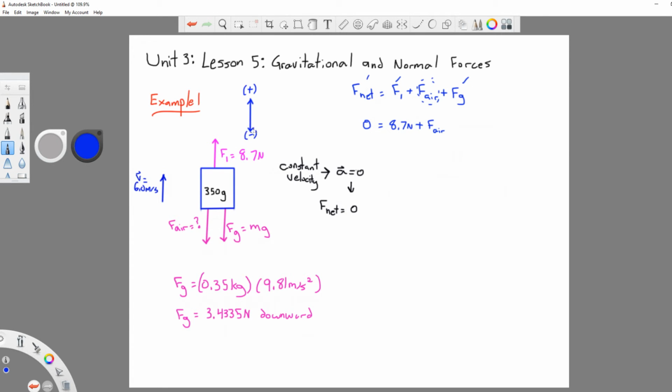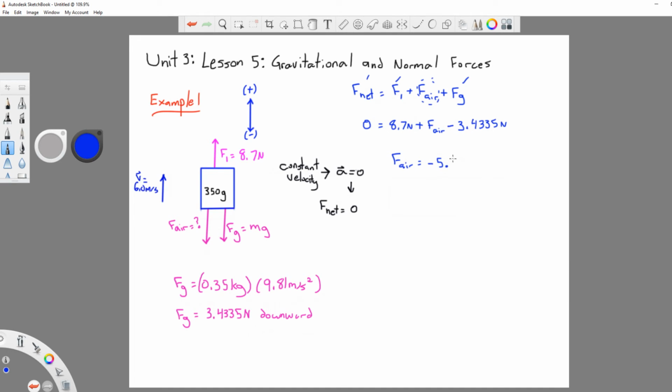Downward is a negative value, so we're going to be adding a negative value or just subtracting 3.4335 newtons.